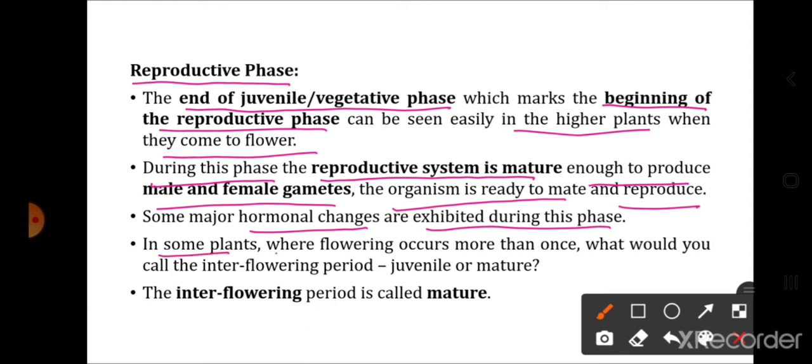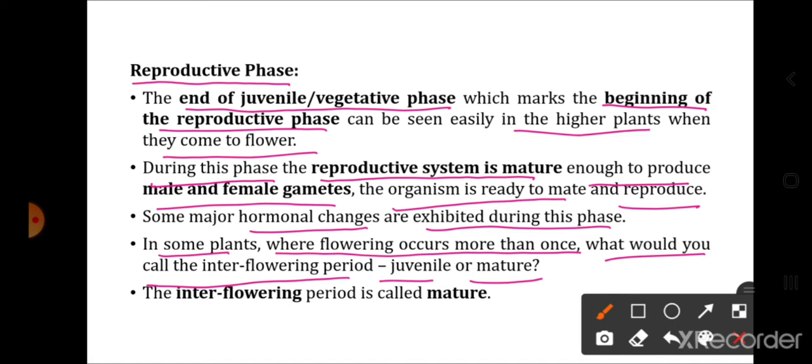In some plants where flowering occurs more than once, what would you call the interflowering period, juvenile or mature? The question arises: for those plants which flower more than one time, what do we call the period between the two flowerings?